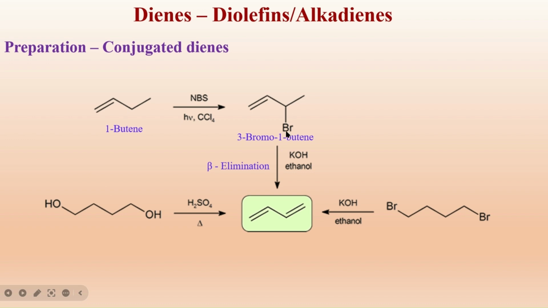That's why it kicks off bromide ion, loses HBr, and elimination of hydrogen and bromide occurs at the alpha and beta positions. That's why we call it beta elimination, and it gives rise to 1,3-butadiene.